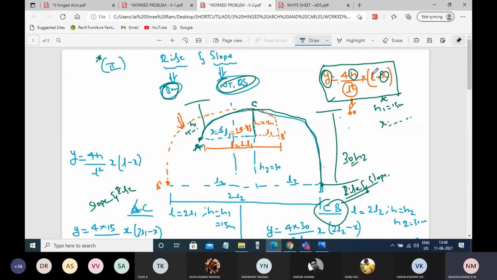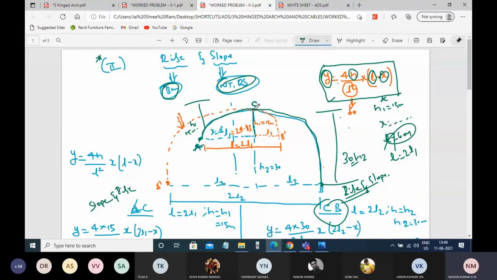Now very important is L. In this case, L is not equal to 60 meter. Here L equals 2 times L1, because this H1 is not for the distance L. Understood? The H1 is for the distance 2 times L1.